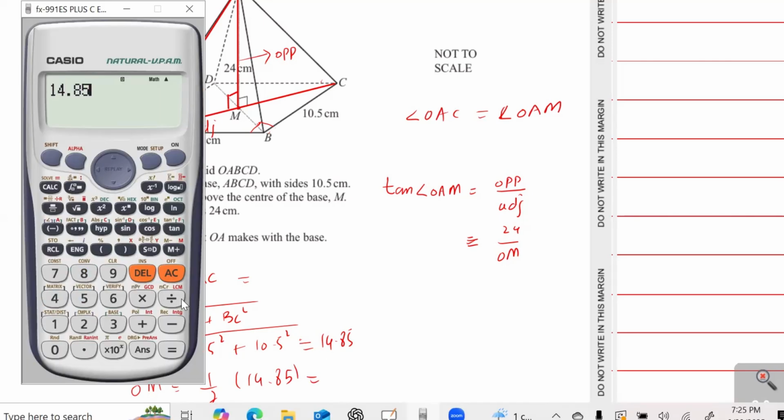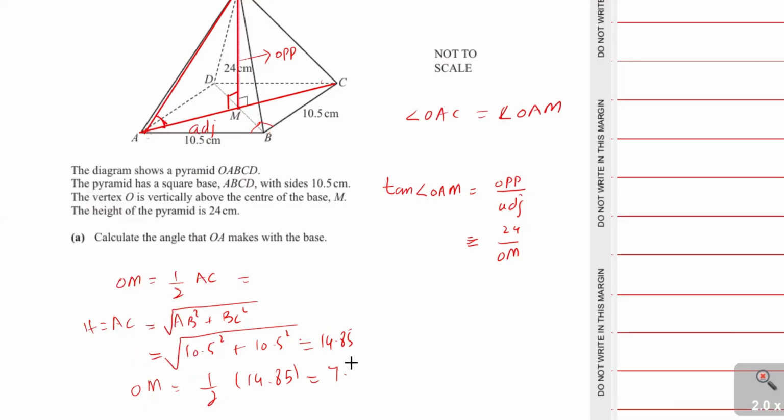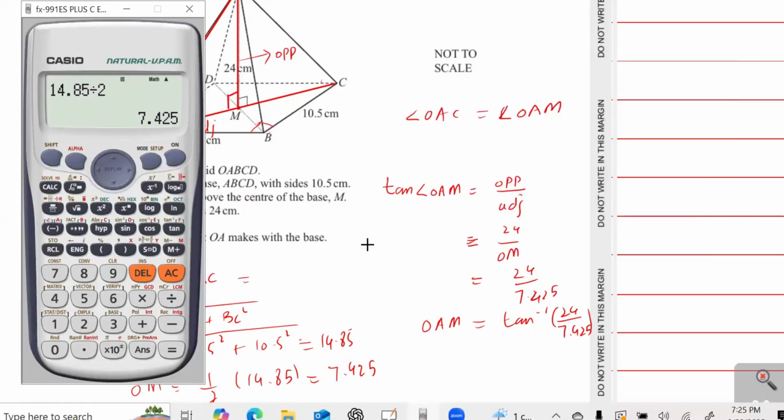14.85 divided by 2, the answer is equal to 7.425, and we can write this 24 over 7.425, and this angle OAM will be equal to tan inverse 24 over 7.425.